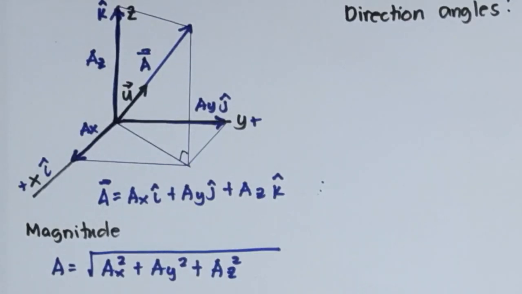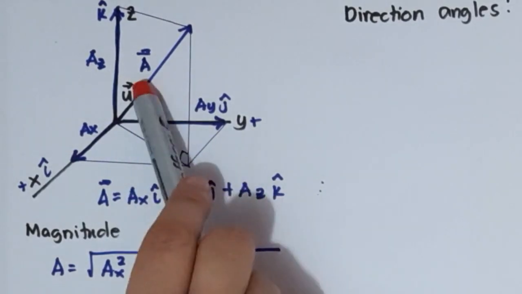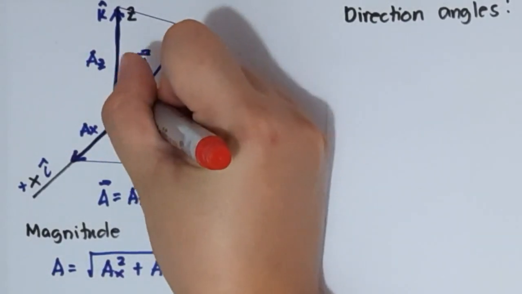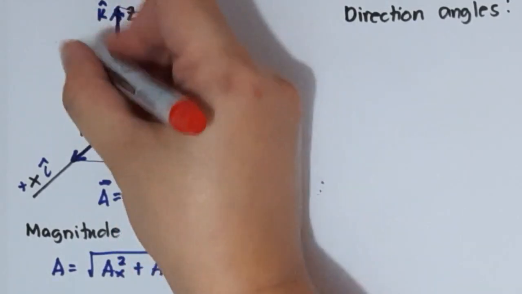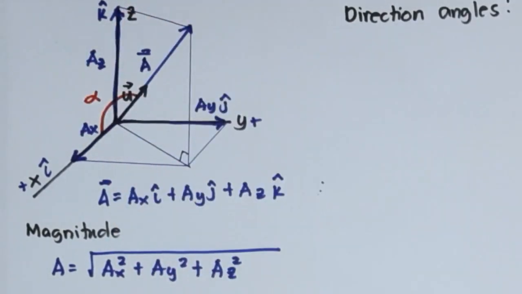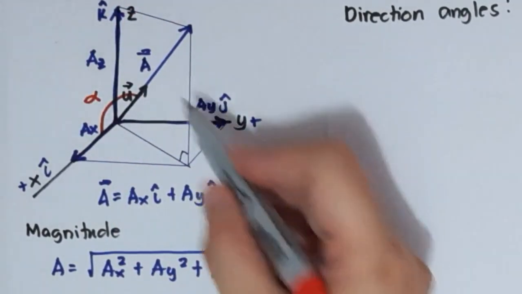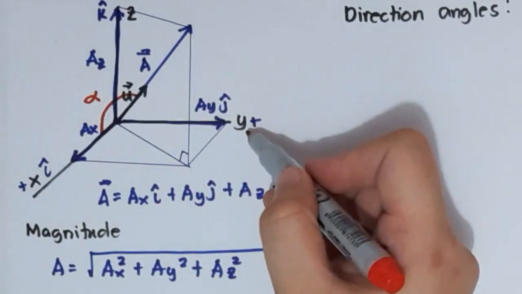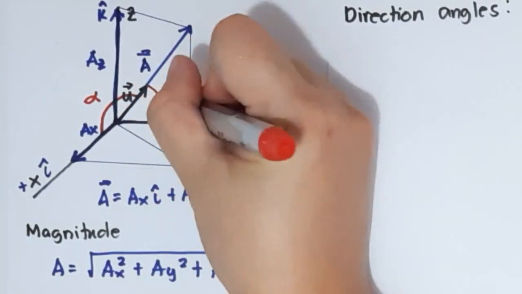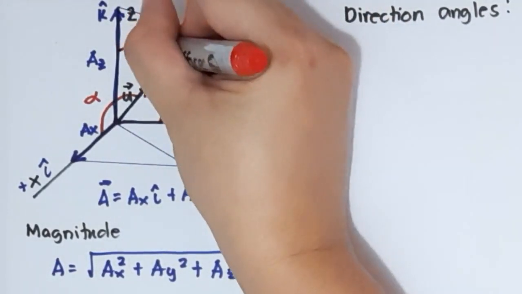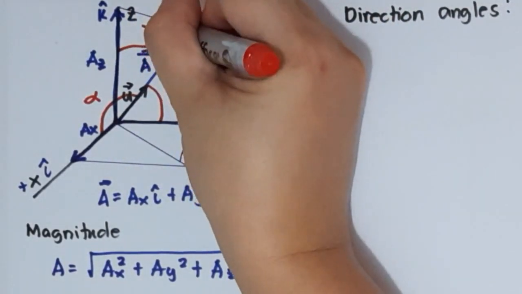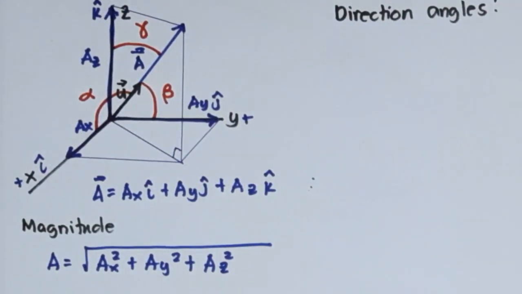If we have a vector A here, the angle between vector A and the x-axis is what we call alpha. The angle between vector A and the y-axis is beta. And the angle between the z-axis and my vector is gamma. These are what we call direction angles.